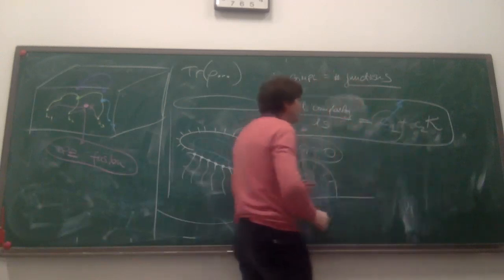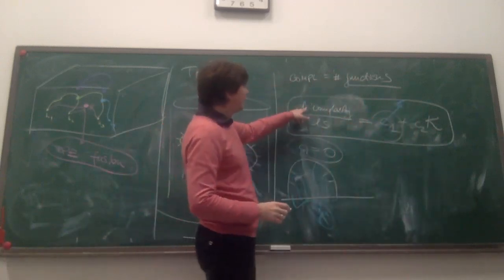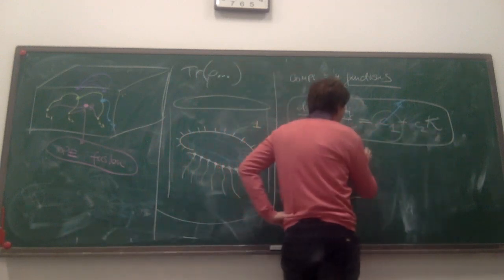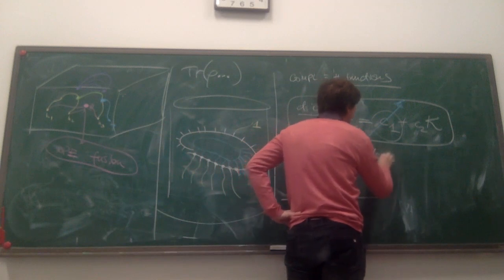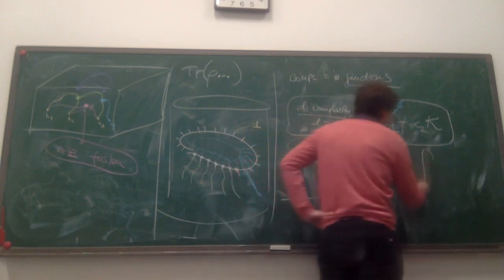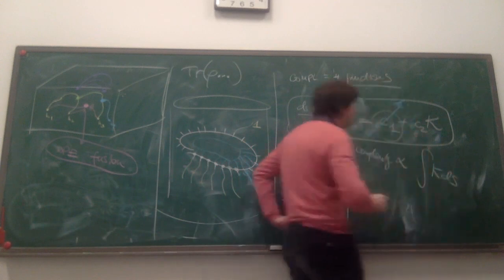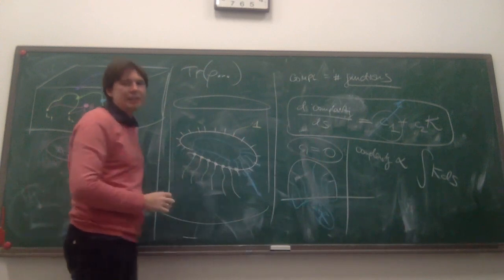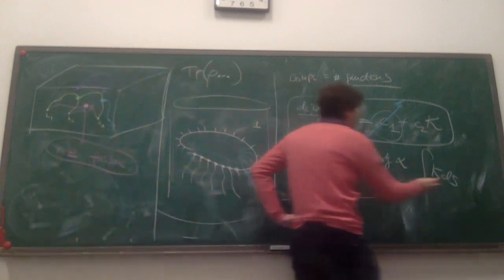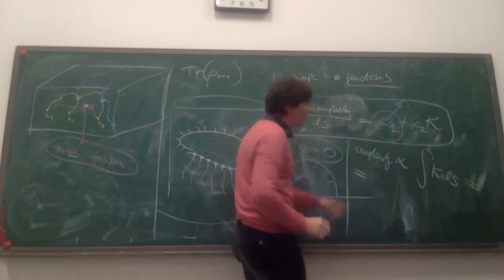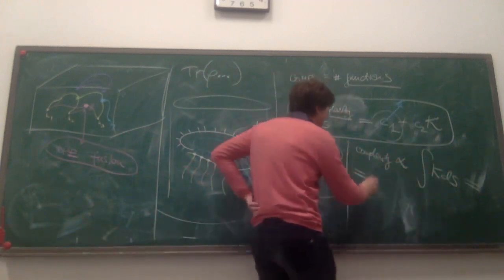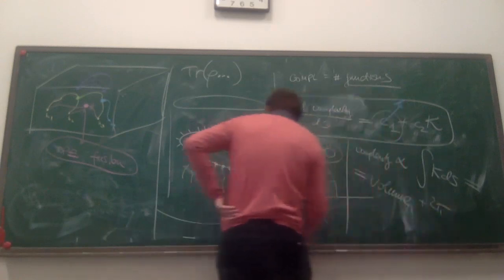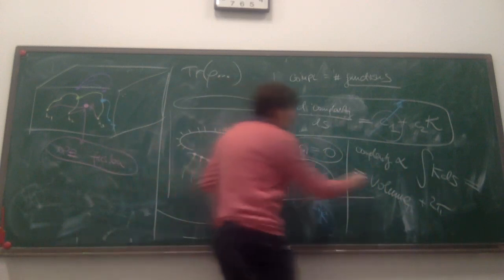If C1 is 0, that means that d complexity ds is proportional to the extrinsic curvature, and that means that the full complexity has to be proportional to the integral of k ds, the extrinsic curvature integrated along the length of my cutoff surface in the bulk. And now the Gauss-Bonnet theorem tells me that this thing is equal to the volume inside plus some small correction that doesn't matter very much.